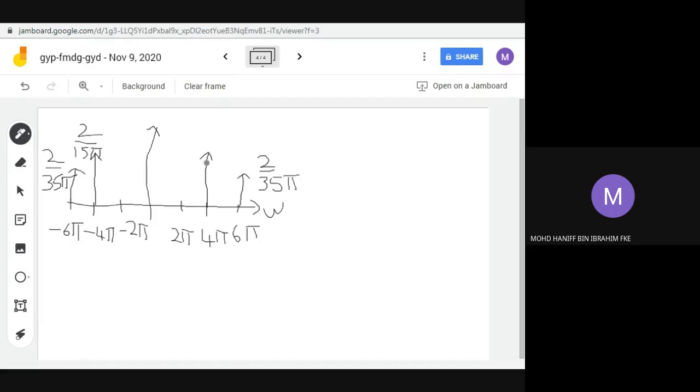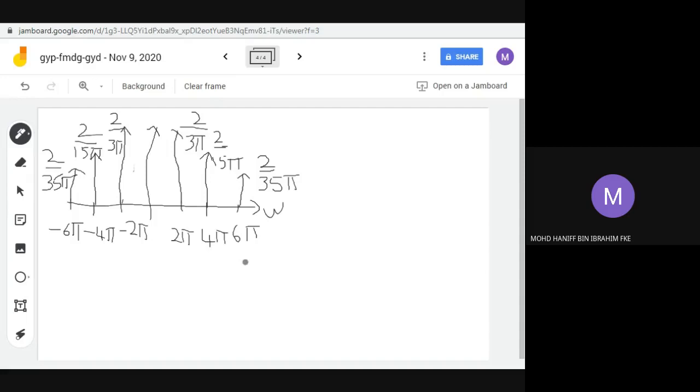So that should be 2 over 15 pi. Sorry, hopefully you can see my handwriting. For this one, I think it should be 3 pi. So it should be 2 over 3 pi, and the same applies for positive 2 pi. The frequency is going to have 2 over 3 pi.